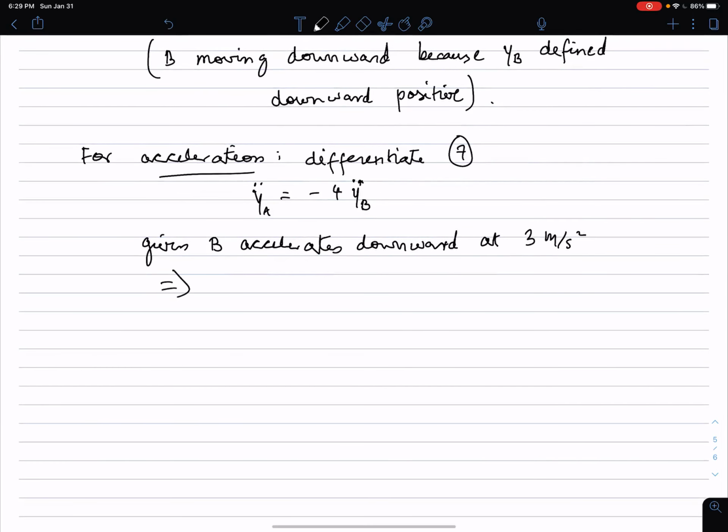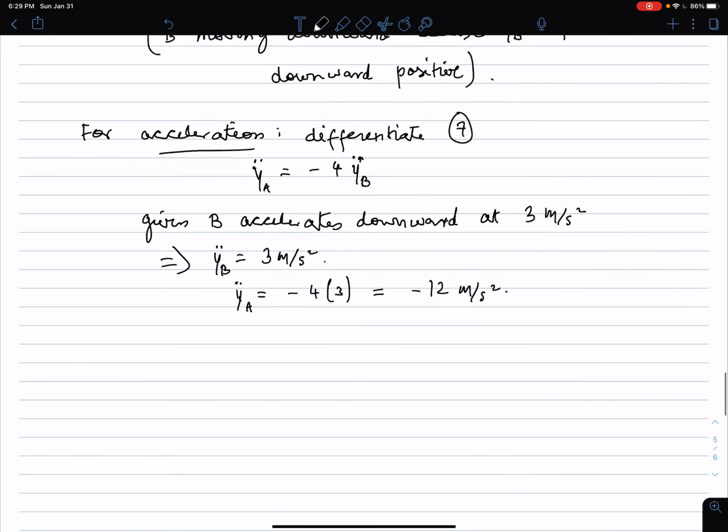This basically means that YB double dot equals 3 meters per second square, which means that YA double dot equals minus 4 times 3 equals minus 12 meters per second square. Okay, so this would now be accelerating upward.